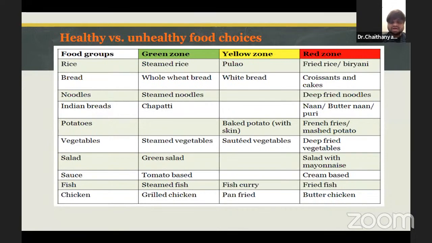Once the sugars are settling, once the HbA1c is less than 7, you can advise one cheat day per week. On that day, they can indulge in food materials in the red zone. You can have a poster pasted on the wall so that the patient can look at it, and you can tell the patients about the various food materials that belong to the various colors. Next slide.